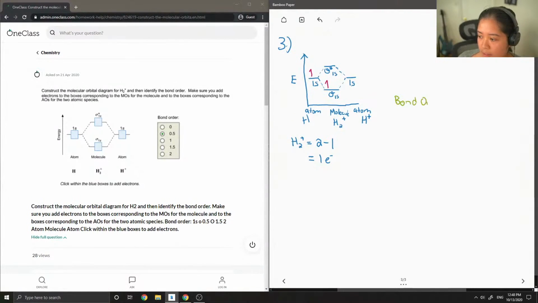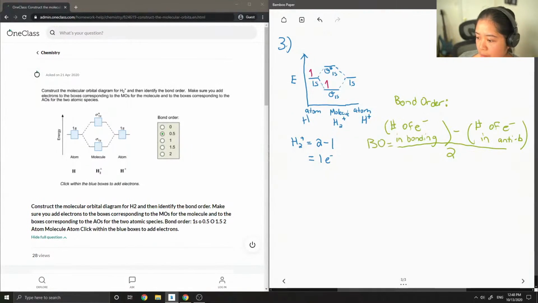So I'm just going to write down this equation for bond order. This is the number of electrons in the bonding, minus the number of electrons in the anti-bonding, all of that divided by 2.